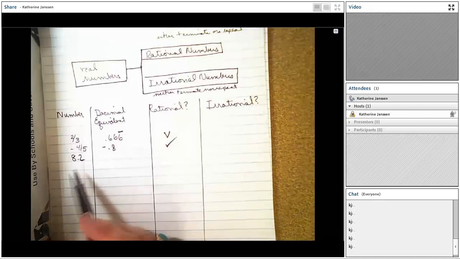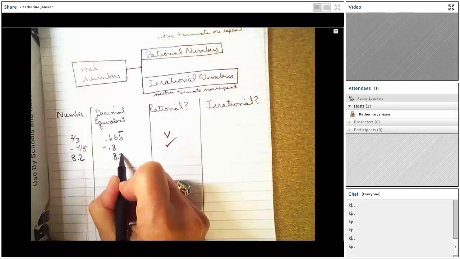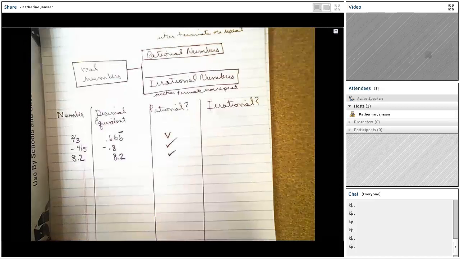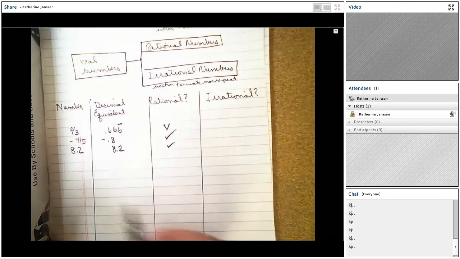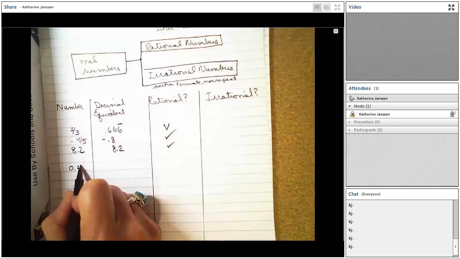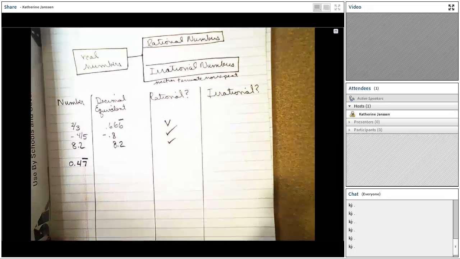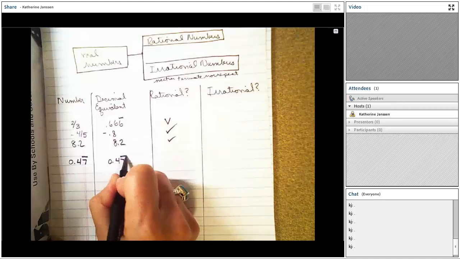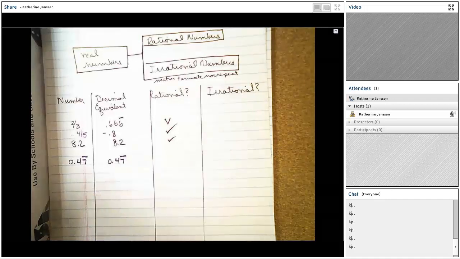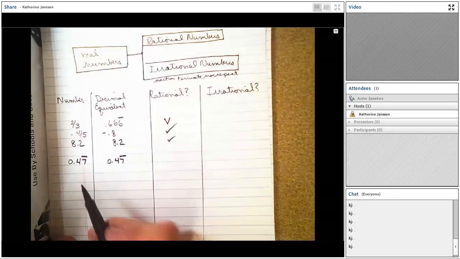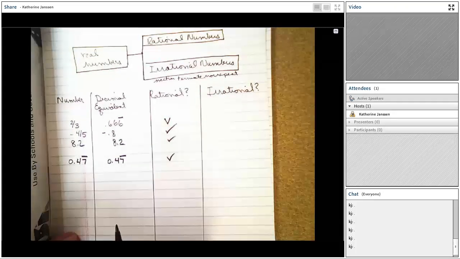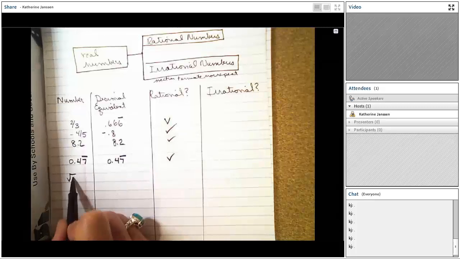Well, 8.2 is in decimal format, and it terminates, so in decimal equivalent form, it terminates, so it is a rational number. How about 0.47777? Well, again, that's 0.47777 in decimal equivalent form. It happened to be given to us in a decimal form, and it either terminates or repeats, so it is a rational number.